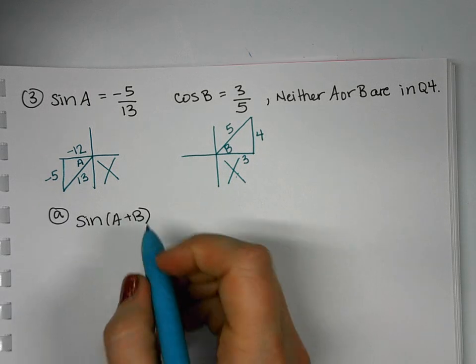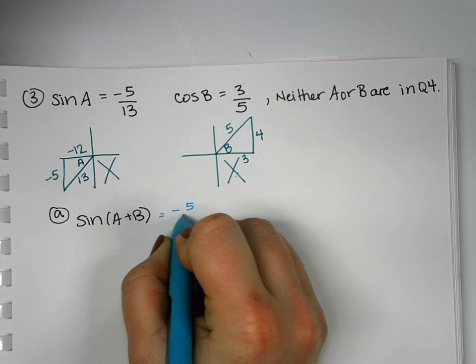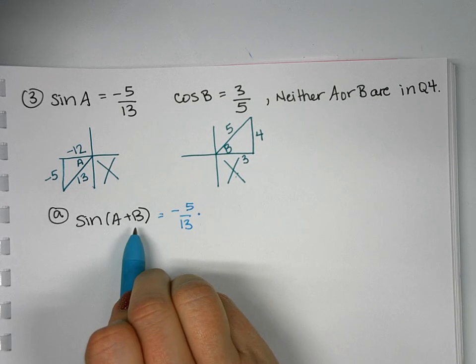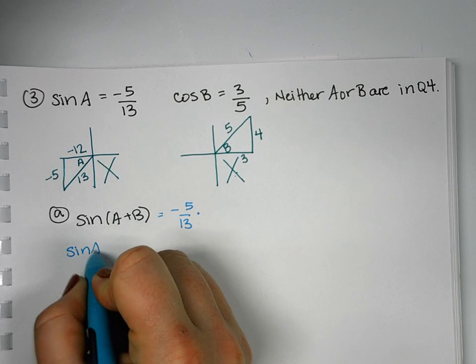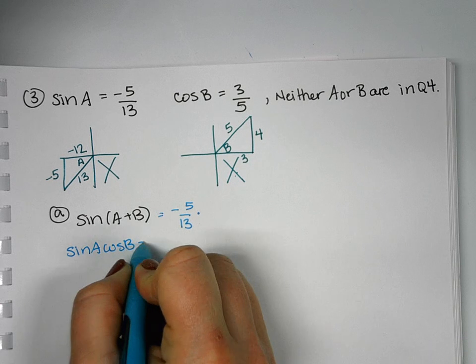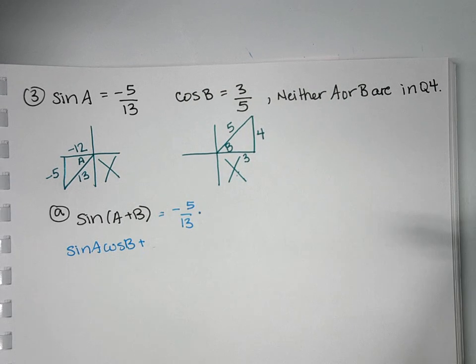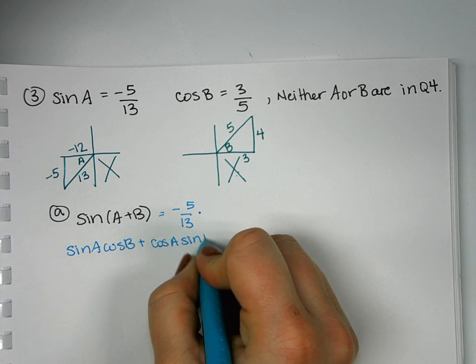So sine of A, we were told, was negative 5 over 13 times cosine of B. So I'm using my sine A cosine B plus cosine A sine B. So I'm using my angle addition here.